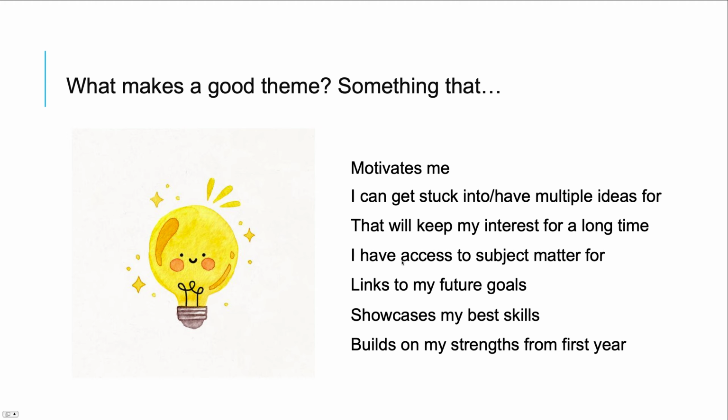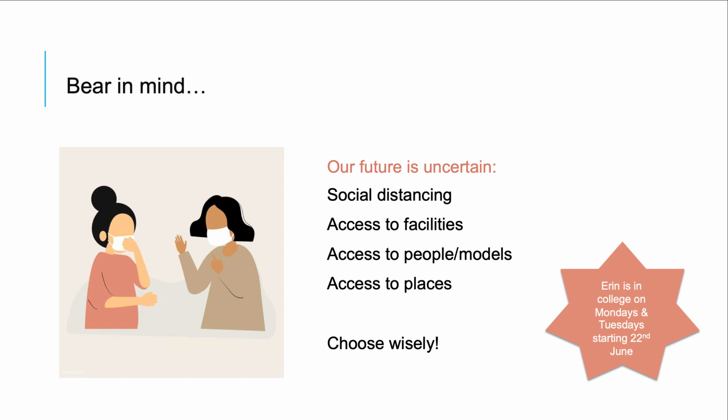Make sure you can have access to the things that you need to photograph. If possible, link it to your future goals, and also make sure it builds on the things that you know that you're good at, that you've developed, that you're highly skilled at from doing your first year project. Obviously, the future is a little bit uncertain, isn't it?